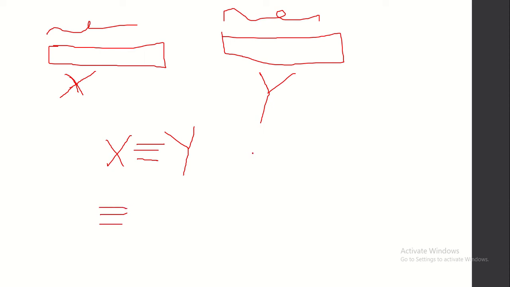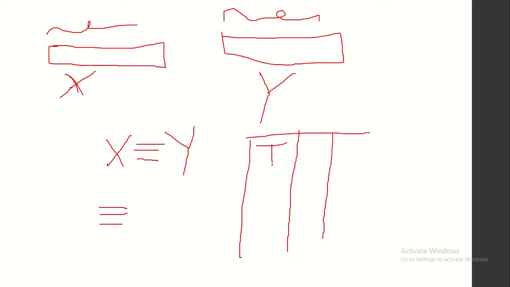So what does giving the same truth values for all the possible sets of input mean? Let's see. We already said that we don't know what x and y actually are. Just assume that x takes four inputs. So this is one input, this is another, the second one.